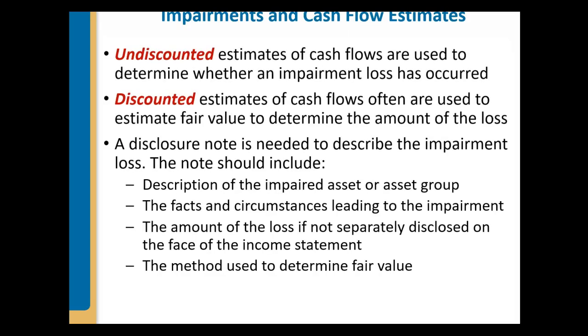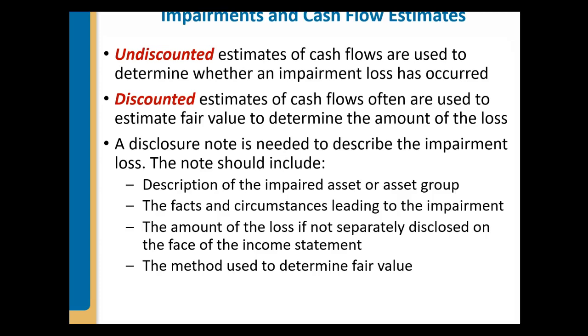Keep in mind that we use undiscounted estimates of cash flows in step 1 to determine whether an impairment loss is indicated, but discounted estimates of cash flows often are used to estimate fair value to determine the amount of the loss.